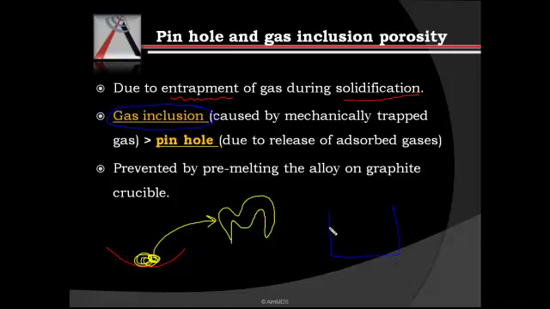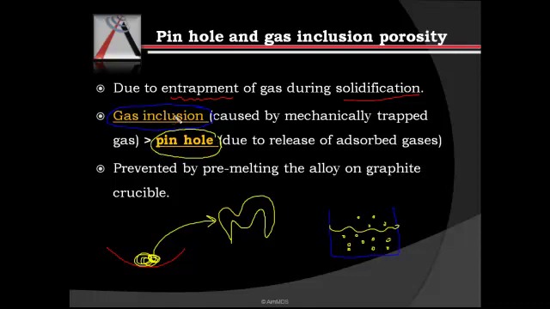The other reason is the metal itself may have some gases released to form bubbles, and if this gas doesn't get enough time to be released out of the metal body, it will result in small holes, that is pinhole porosities.